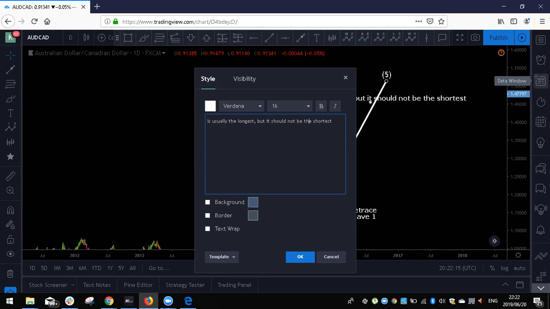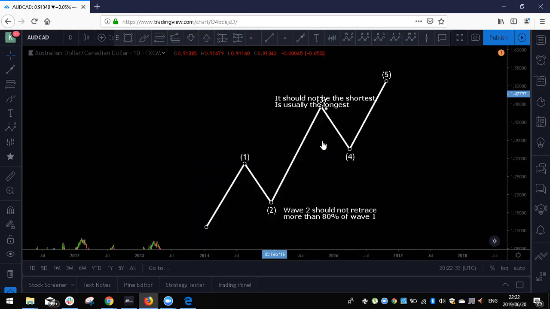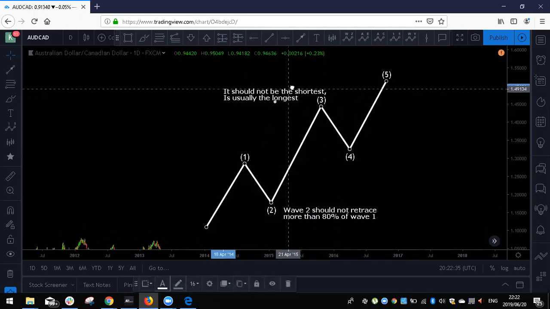It should not be the shortest, but it's usually the longest.